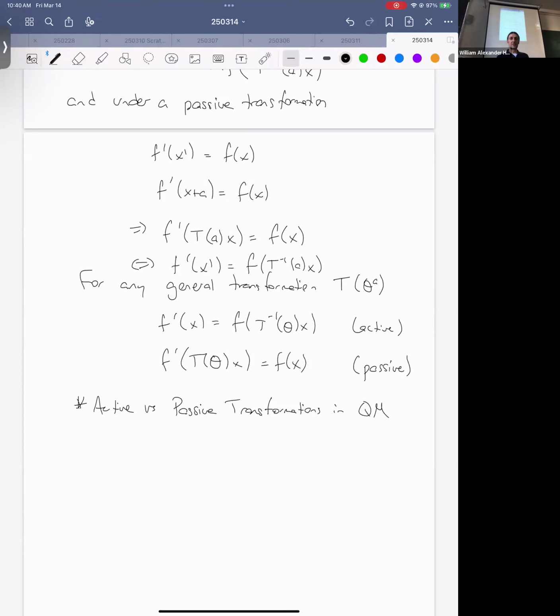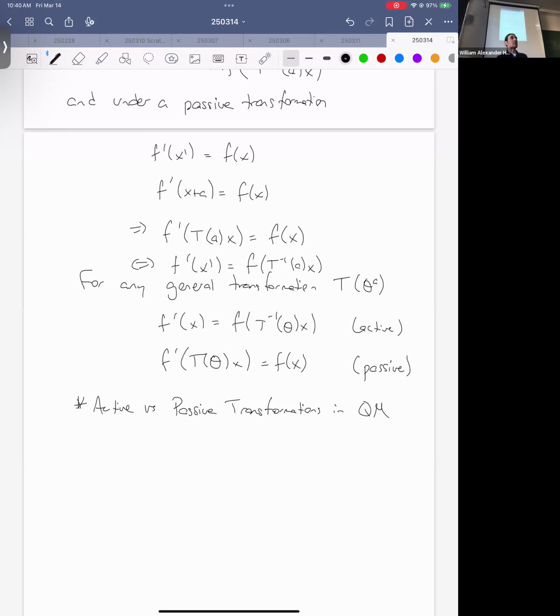So let me just give you a sense of the bigger picture, which is thinking about time evolution of quantum states in the active and the passive pictures. I can think about applying that time evolution operator to the state psi, and I'm actively pushing that state forward in time.